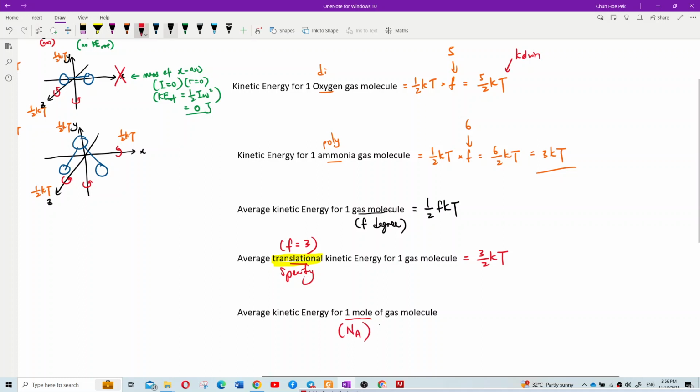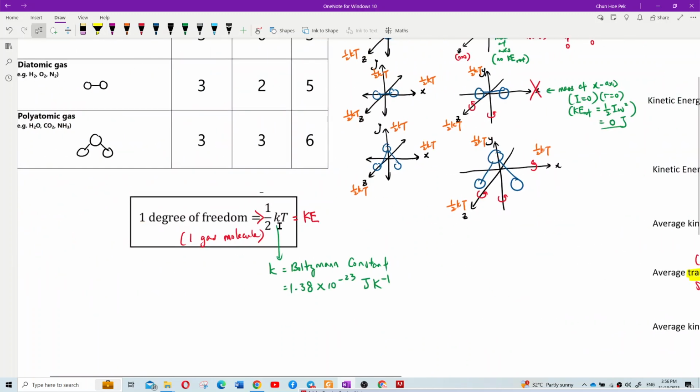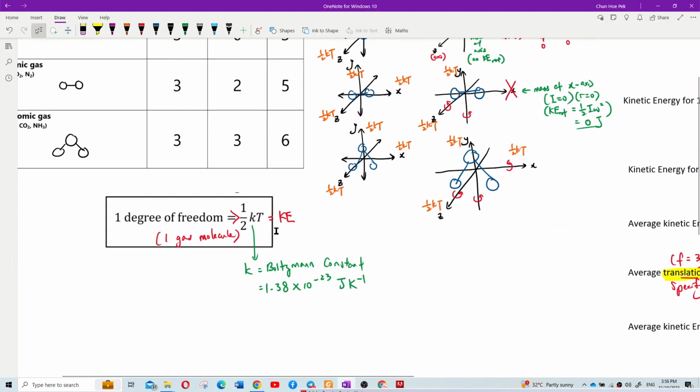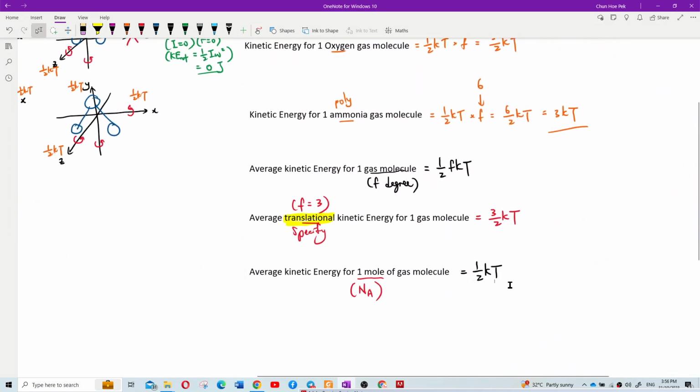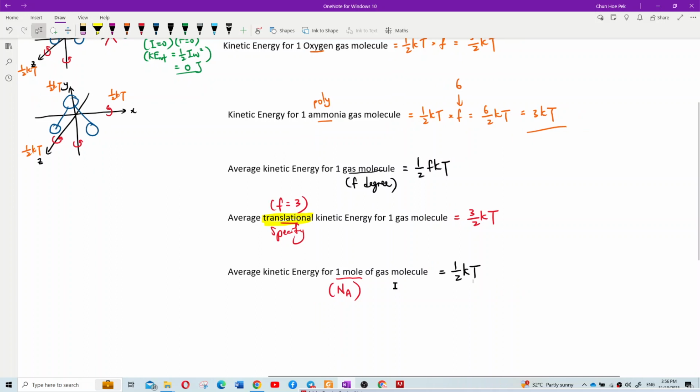That means I start from my humble 1/2 kT. Be humble always. Our gas molecule, I'm not sure if it's diatomic, monoatomic or polyatomic.